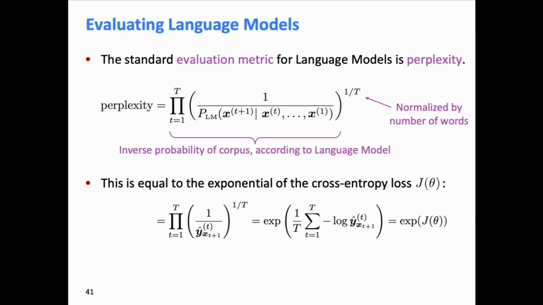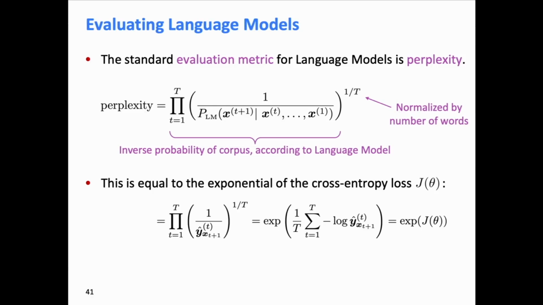You can actually show that this perplexity is equal to the exponential of the cross-entropy loss J(theta). If you remember, cross-entropy loss J(theta) is the training objective that we're using to train the language model. By rearranging things a little bit, you can see that perplexity is actually the exponential of the cross-entropy.